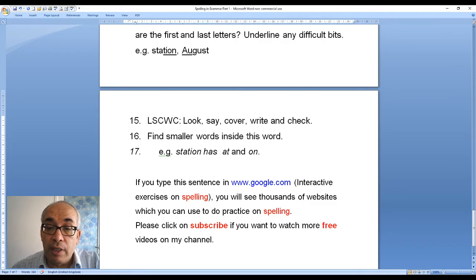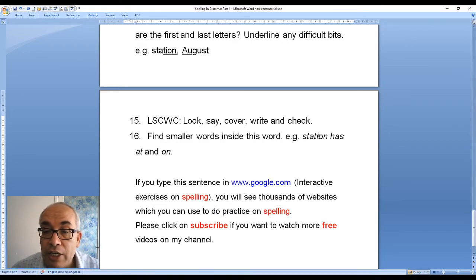Find smaller words inside this word. So for example, station. So we have got AT and ON. This is AT and this is ON.